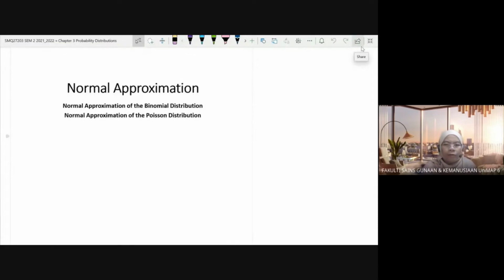Today we are going to finish our chapter 3 on the normal approximation. We know what we have covered so far for chapter 3. First, we have seen how experiments follow the binomial, and that the binomial experiment has 4 characteristics.